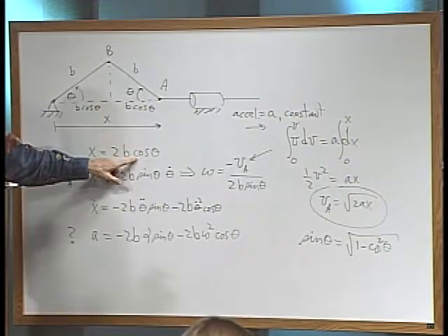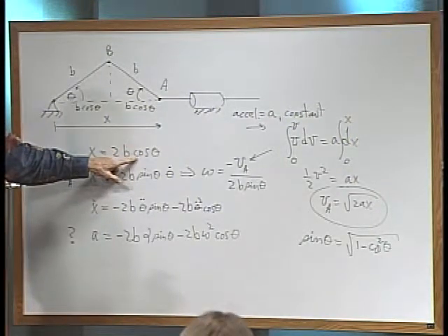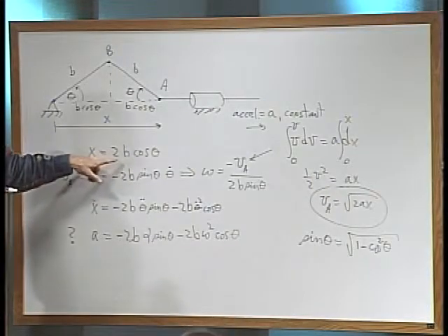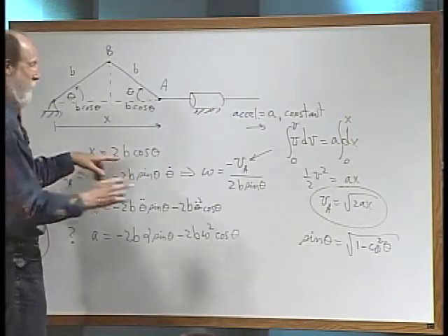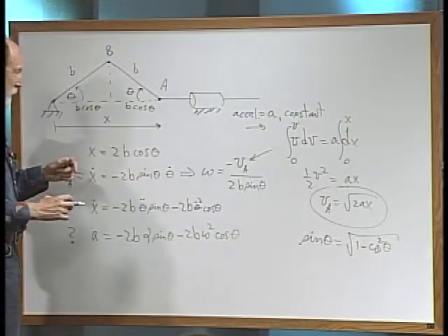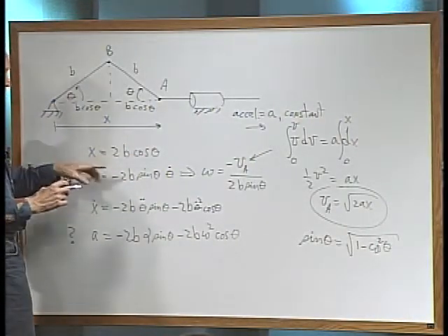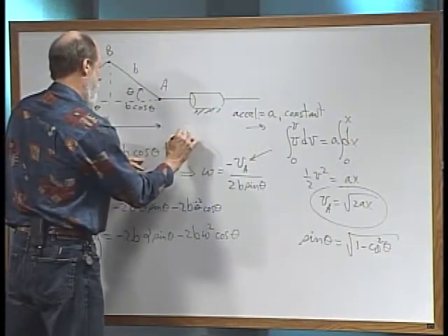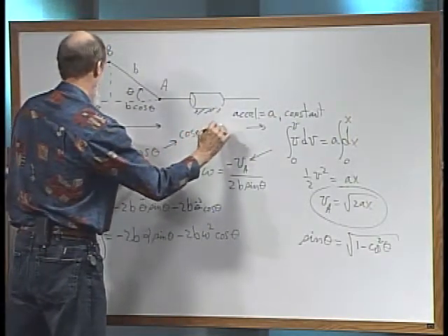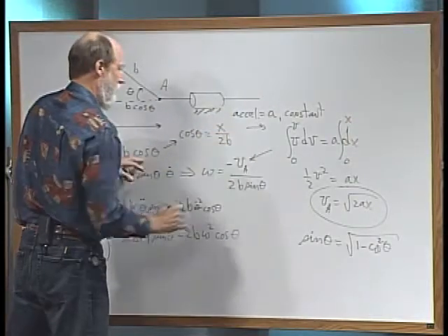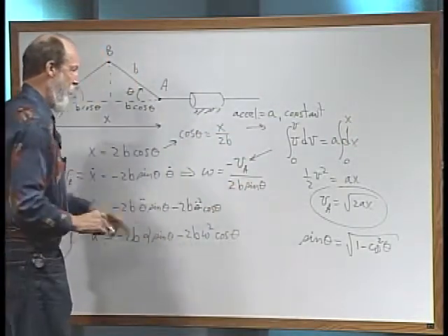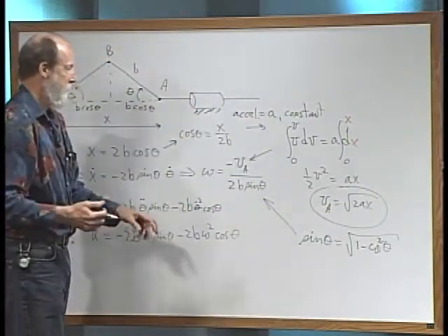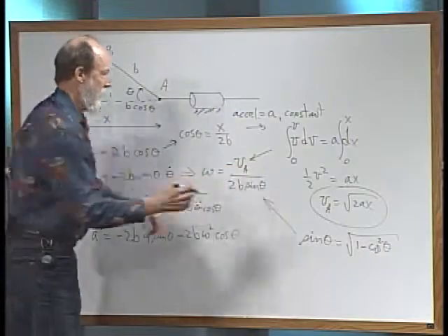And look back up here in the geometry, here's a definition of cosine theta in terms of x and b. So sometimes you have to look around a little bit, play with it. We have the expression for cosine theta here, which happens to be x over twice b. So we can plug that into this omega expression and our VA expression.